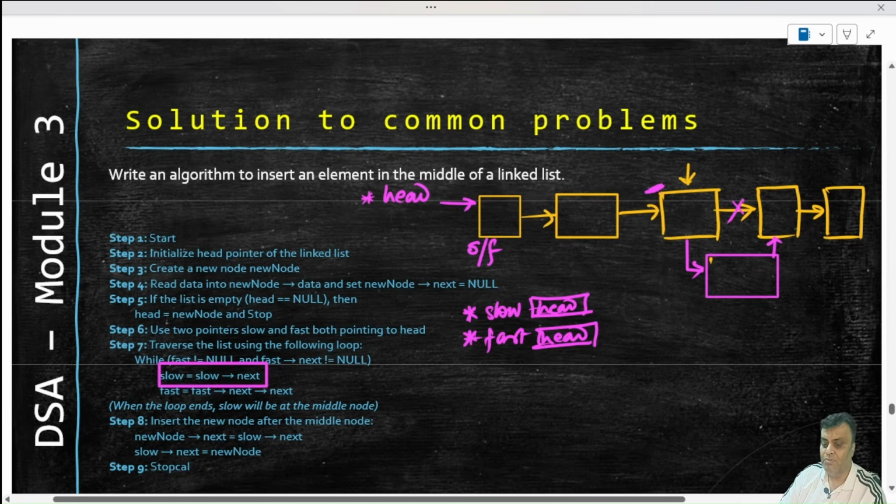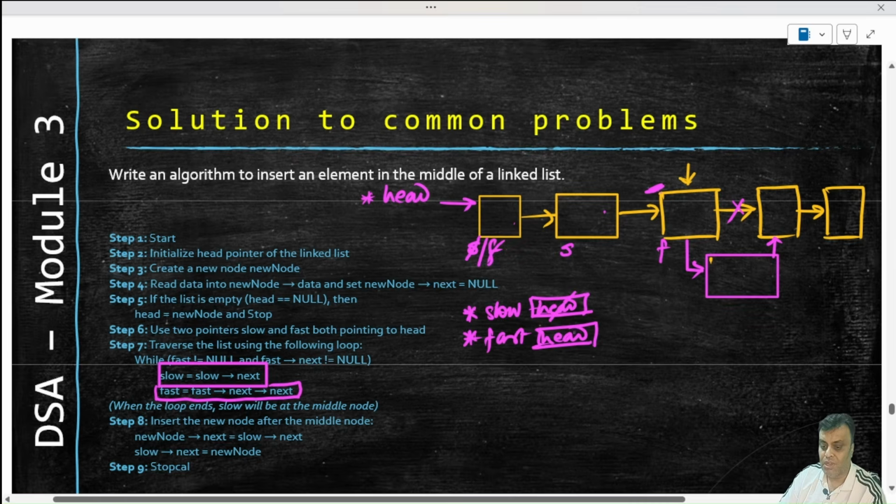Say that. So if you say that, then slow will go here. Slow is no more here. And you say fast, you go to the next. That means fast will go here. So fast, you go to fast next. So fast has gone here. So basically you are saying that fast moves 2 steps, slow moves 1 step.